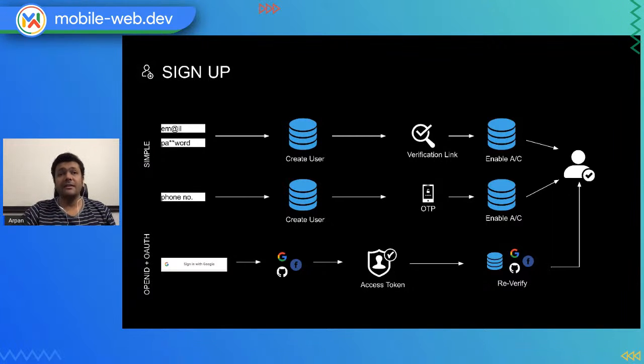Why OpenID? Well, OpenID is basically a protocol that is followed by these authentications which we are using. So OpenID means anyone can use Google to verify their users, to create users using Google's verification. So it follows certain set of protocols. Similarly for Facebook, similarly for GitHub, or any other open auth like OpenID authentication that you're using.